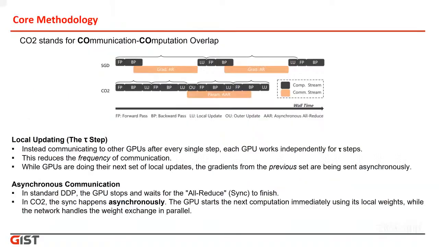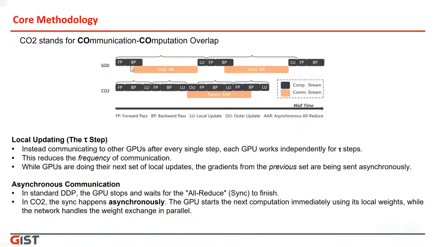The core methodology of CO2 is based on two main pillars: the first one is local updating, and the second one is asynchronous communication. As you see in the figure, this is the visualization of the normal standard SGD and their CO2.